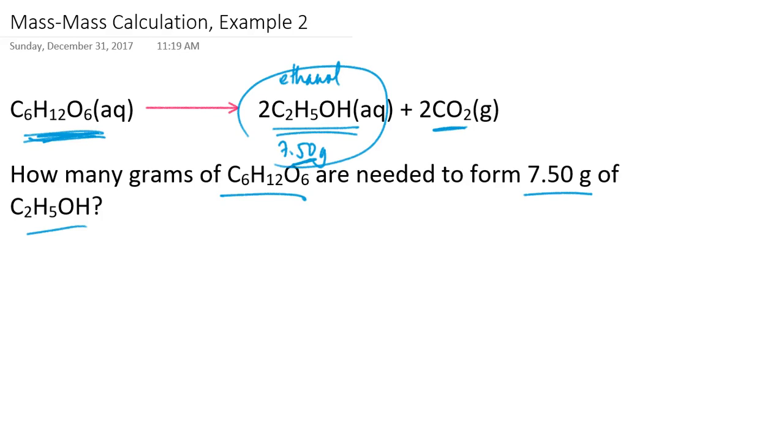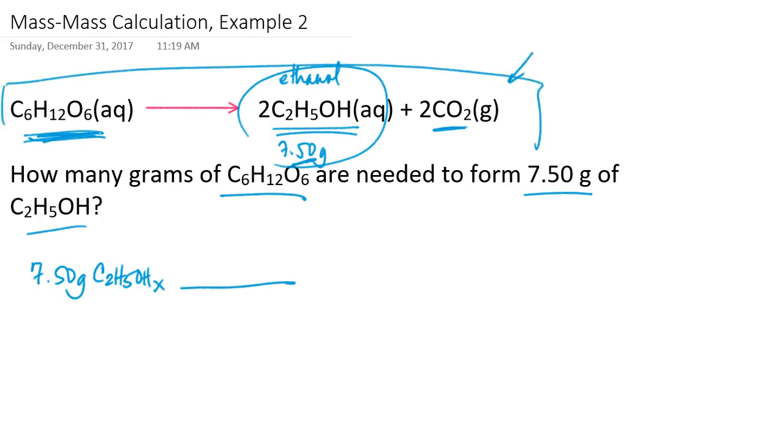So the setup for the problem is still much the same. Basically, I'm going to start with the given information, 7.5 grams of ethanol. And the approach is still the same. I'm not going to be able to use the mole ratios within the balanced chemical equation if I don't convert these grams of ethanol to moles of ethanol.